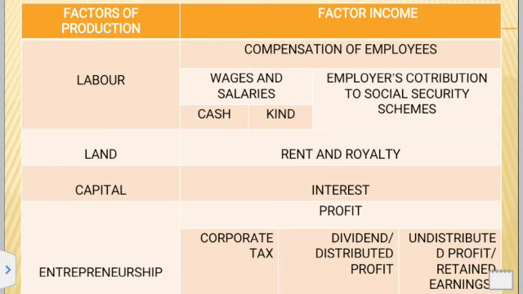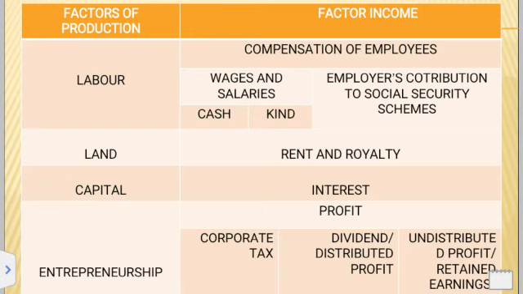Now this compensation of employees has two heads. First one is wages and salaries. When labor is rendered, in return they are paid wages and salaries for their labor. Now these wages and salaries can be paid either in money terms, in the form of cash, or in the form of kind. For example, suppose a person is employed and his salary is 60,000 per month.